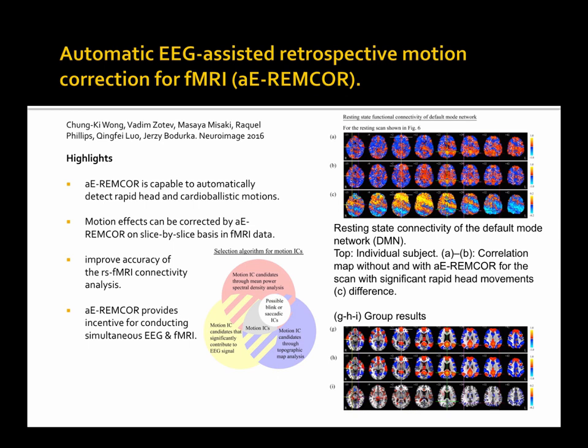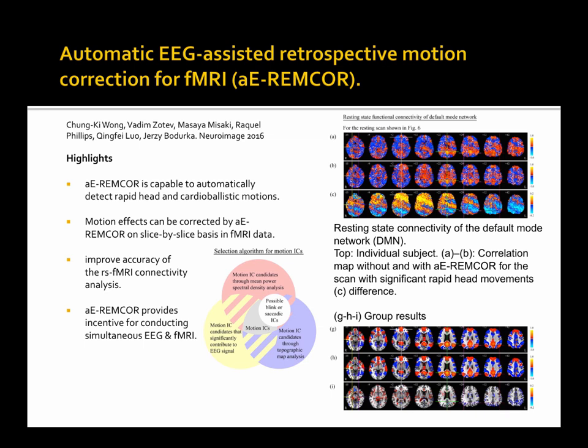Another way that the EEG and fMRI, this is kind of an aside, but kind of a refitting of the data, is how you can use these signals not only to know where the activity is coming from, but also to correct for noise.